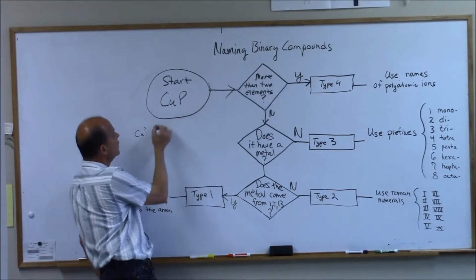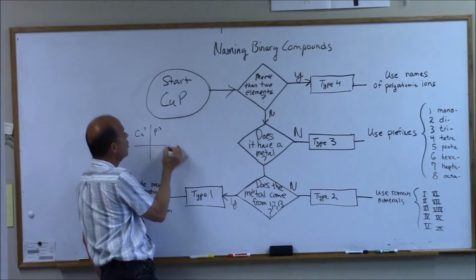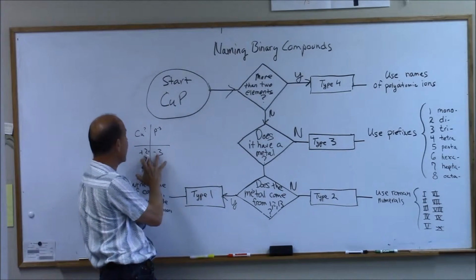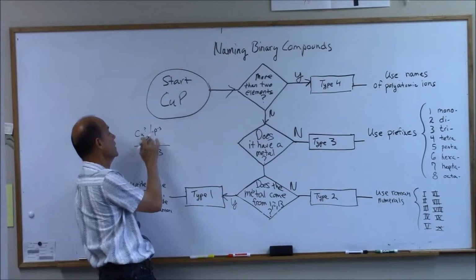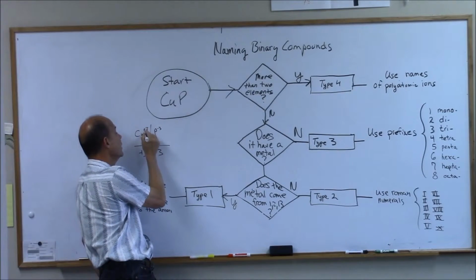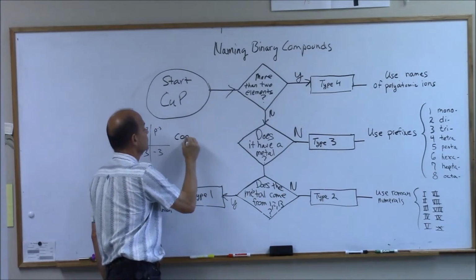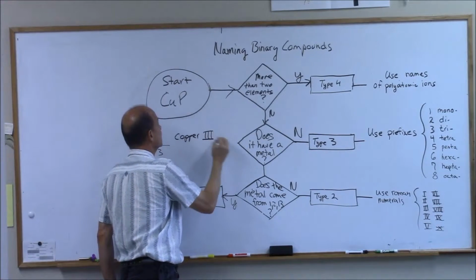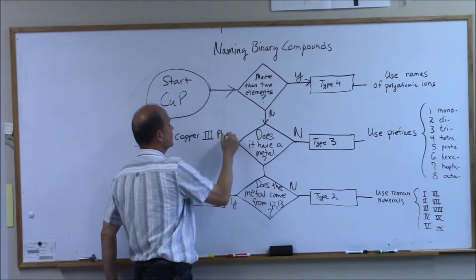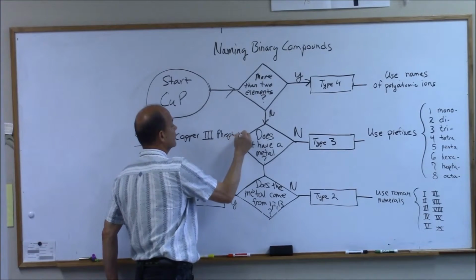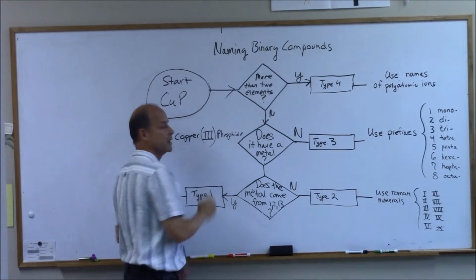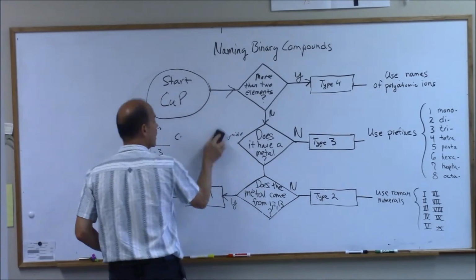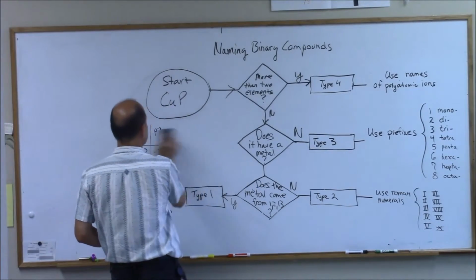There is only one phosphorus and only one copper, so in order for the oxidation numbers to balance, the copper side has to be a +3. So it's copper(III) phosphide. You have to have your Roman numeral for type 2. All right, and let's do another one.